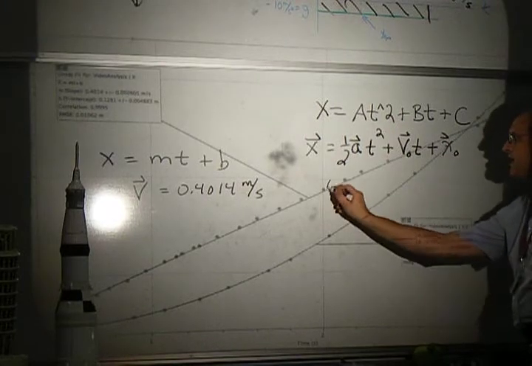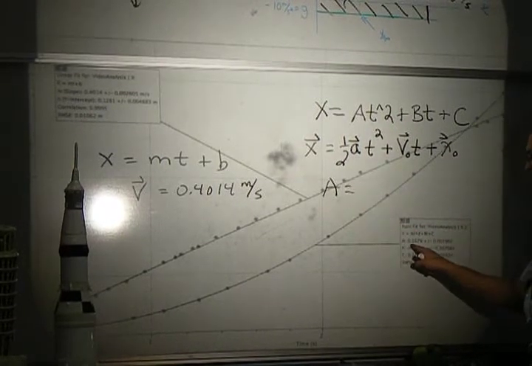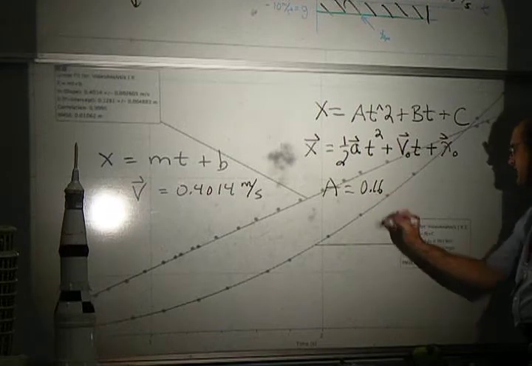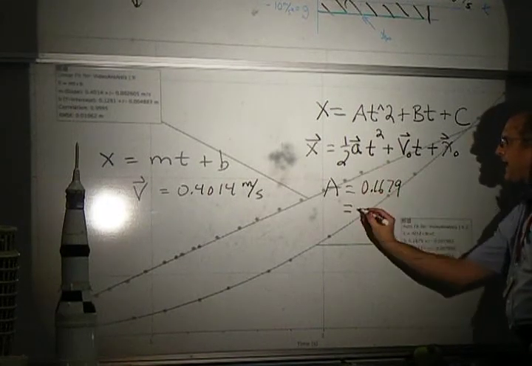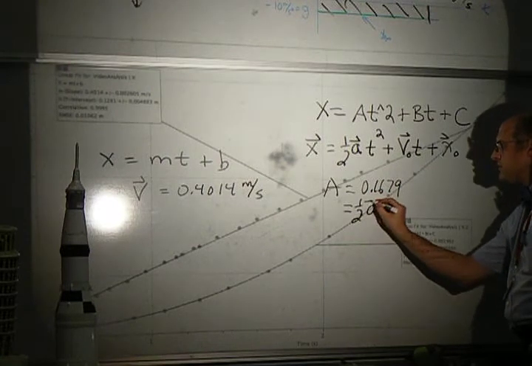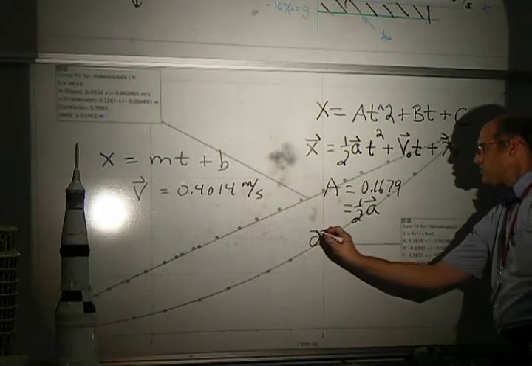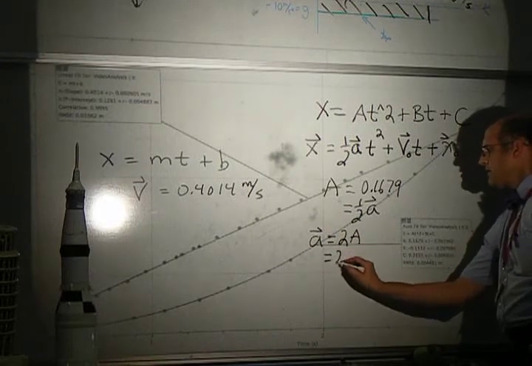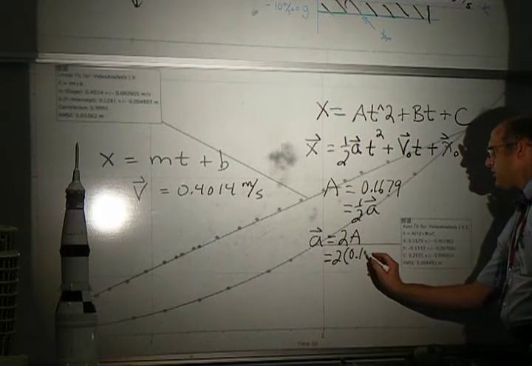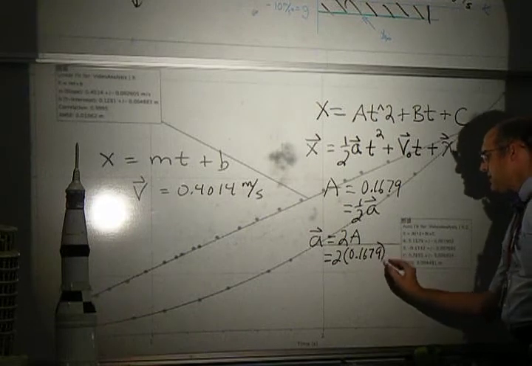So coefficient A, which is equal to 0.1679, is equal to 1/2 the acceleration of the car. So the acceleration of the car then is equal to twice coefficient A. So we have 2 times 0.1679.